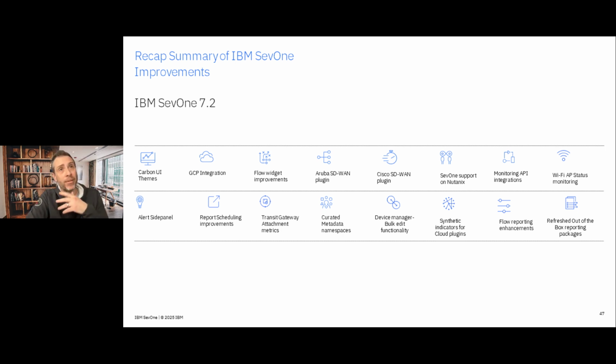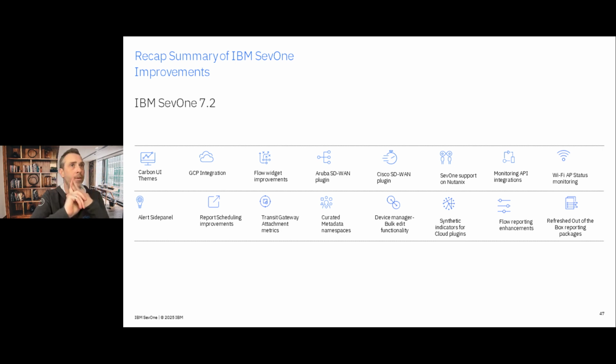I'm not going to go through this whole slide, but I'm really excited to be here with you today to talk about all of the things that we've come out with in 7.2. It's a minor release, quote unquote minor. It's a dot something, but a fantastic set of new and improved features. It's easier to do your reporting and scheduling.